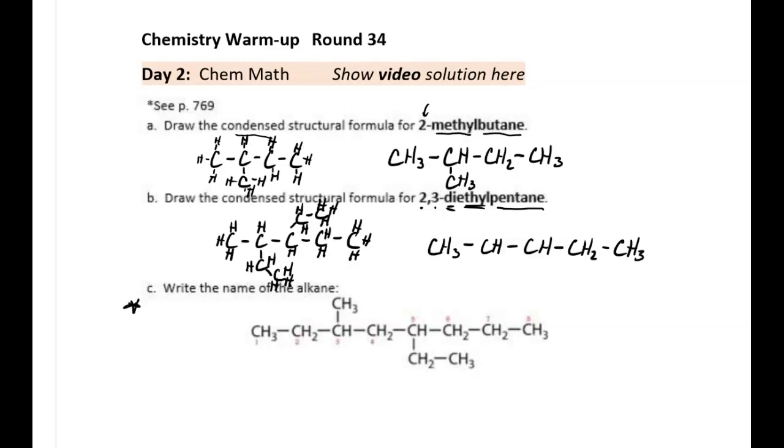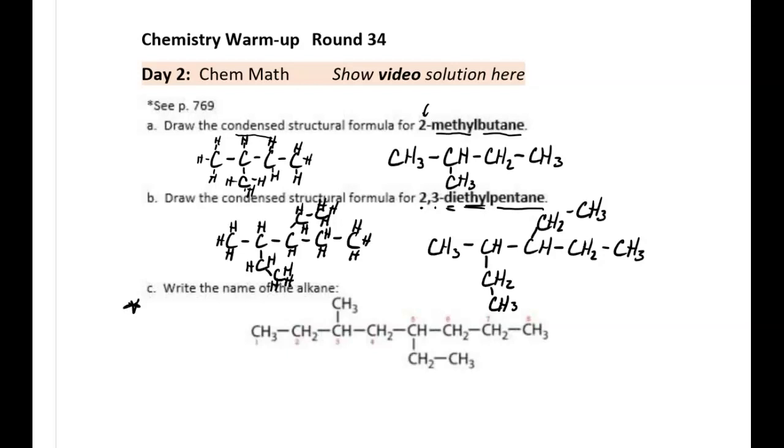Okay, now the branches. Off that second carbon, we have CH2 and then CH3. And off the third carbon, CH2 and then CH3. Here is the condensed version of that molecule, whereas the sketch I had made on the left side was the complete version.